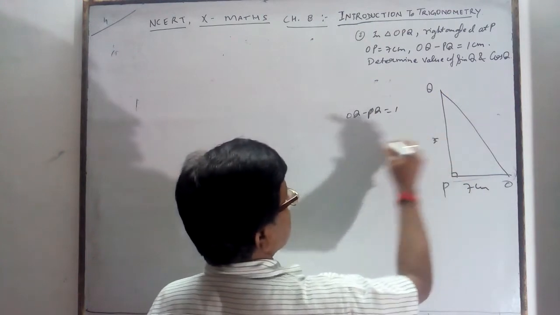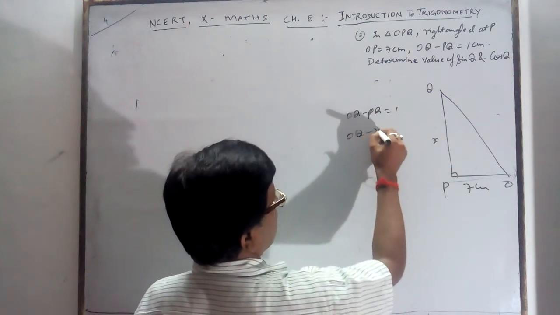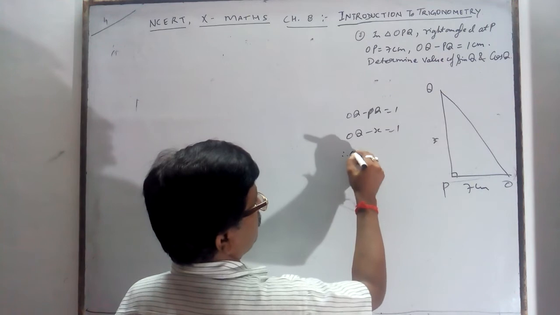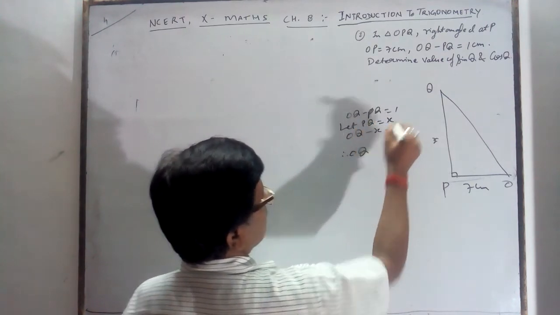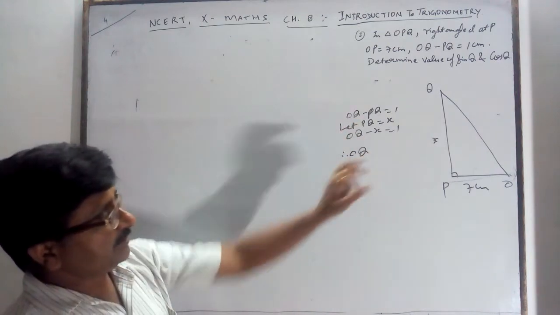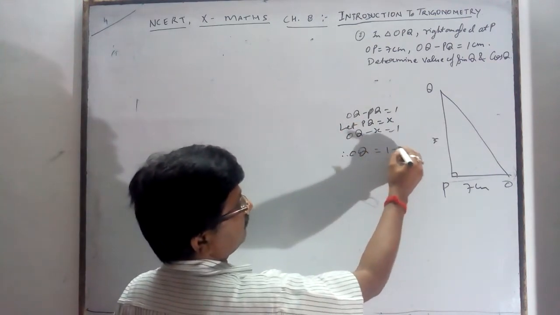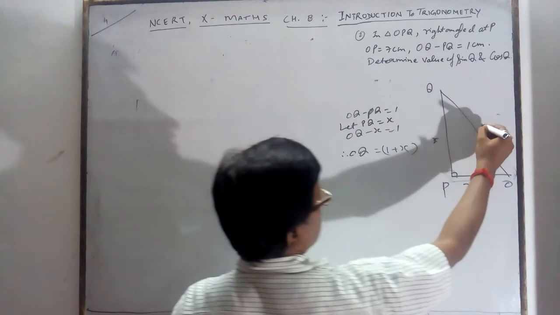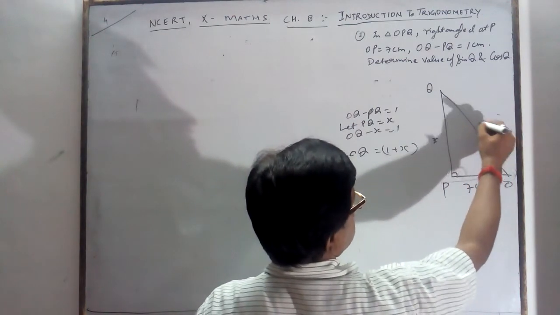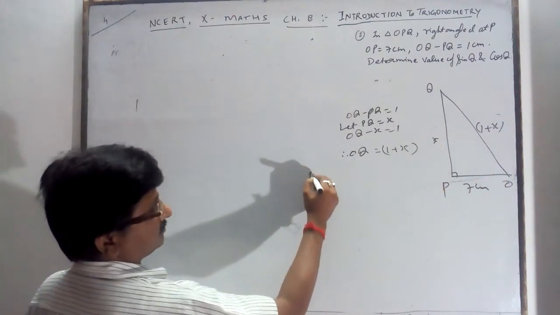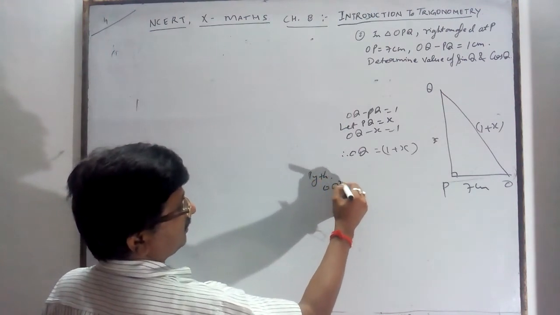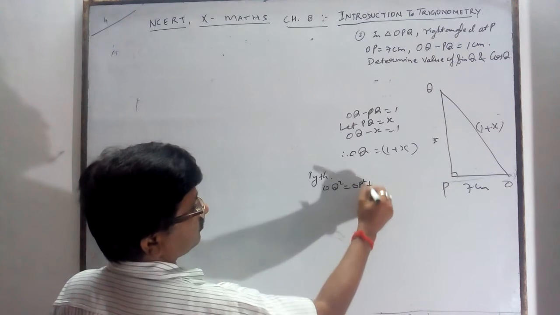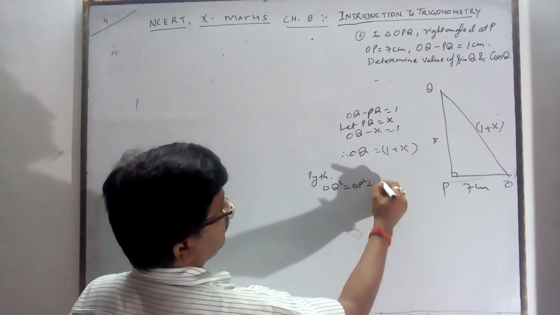Let PQ be equal to X. Then OQ minus X is equal to 1, so putting the value, OQ is 1 plus X. Now apply Pythagoras: OQ square is equal to OP square plus PQ square.